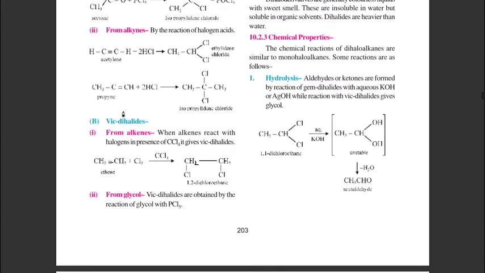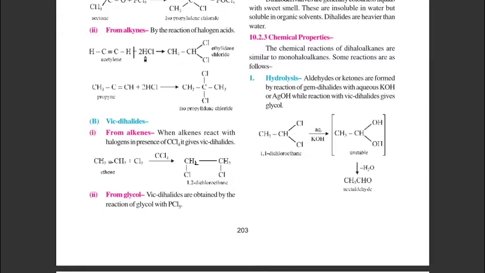Second method is from alkynes. When alkyne is treated with any halogen acid, for example with HCl, then we get gem dihalide. H and Cl get added across the triple bond.